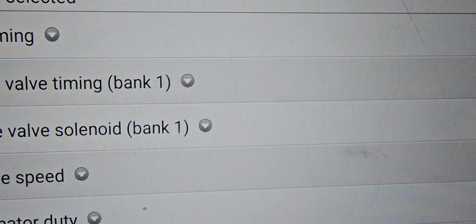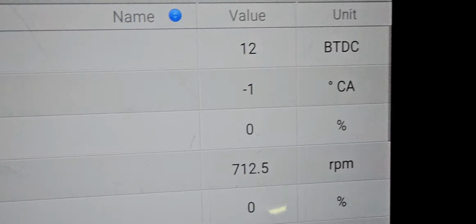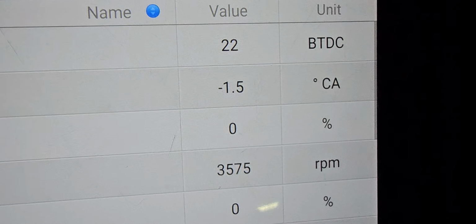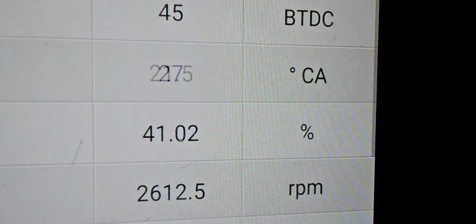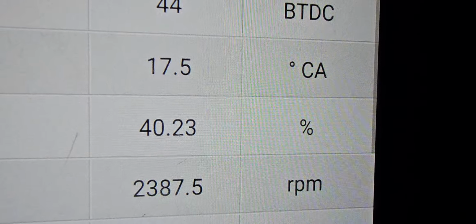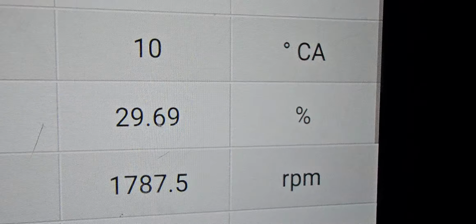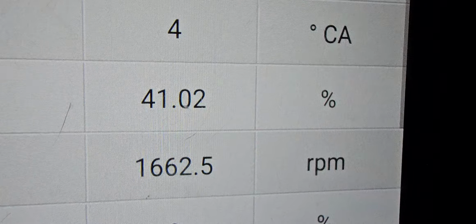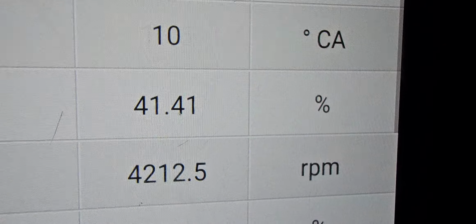Intake timing solenoid. This is the solenoid and this is bank 1. Okay, solenoid is not activated. When you give more gas, you see the duty change. At 3000 RPM, they change. This is the way it's supposed to work, and this is the way it's supposed to read.